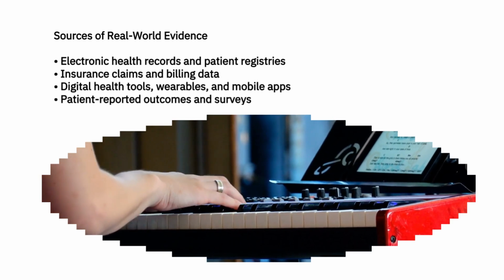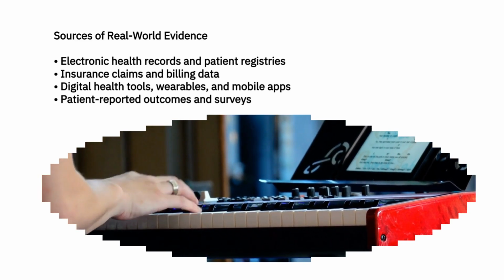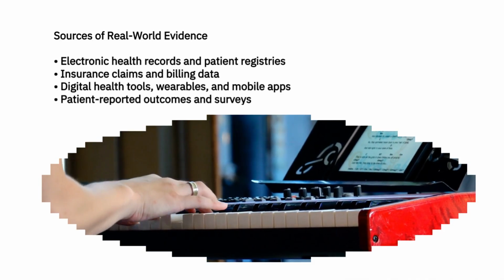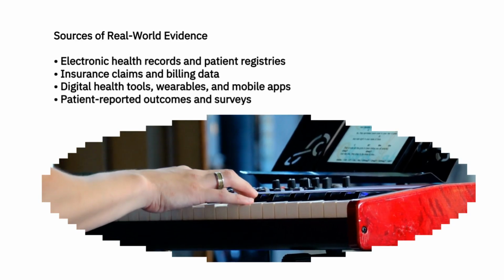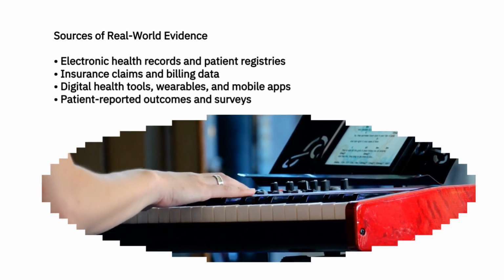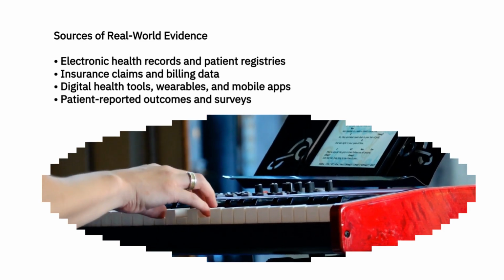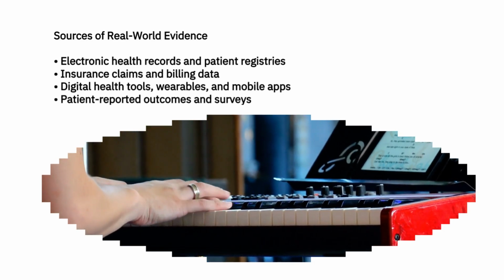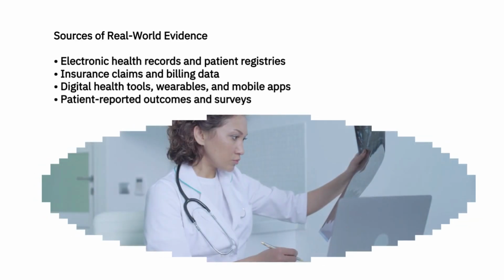One of the most important sources is electronic health records, EHRs, and patient registries. These provide longitudinal information about diagnoses, treatments, lab results, and outcomes across large populations. For example, oncology registries can help track survival trends over decades and across different therapies.